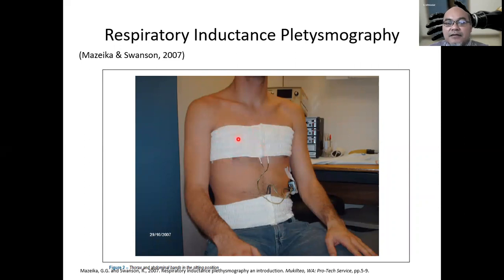There are belts. That's why I was asking yesterday one of the groups why they only put in one belt. For complete respiratory measurement, two measurements are done: one on the chest expansion and contraction, the other on the belly expansion and contraction.